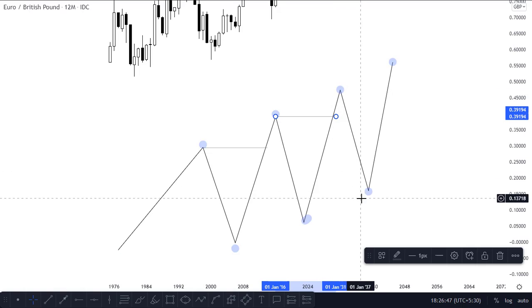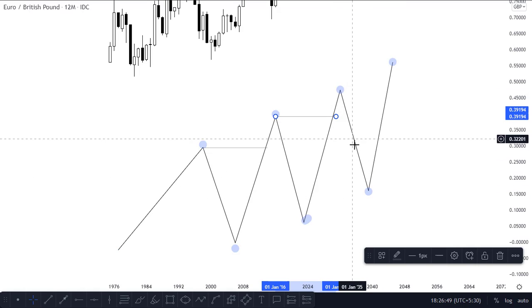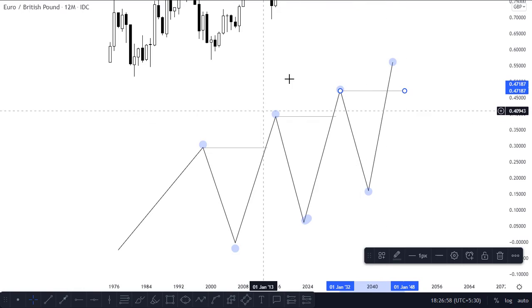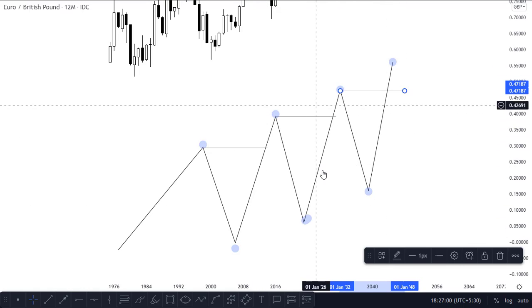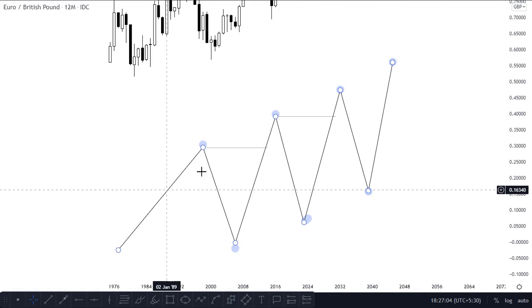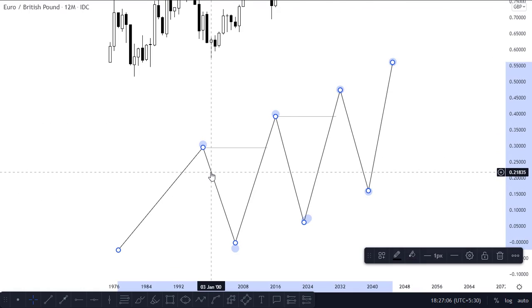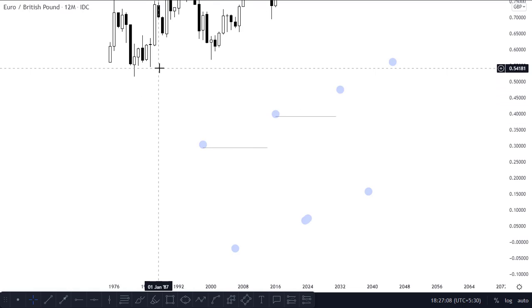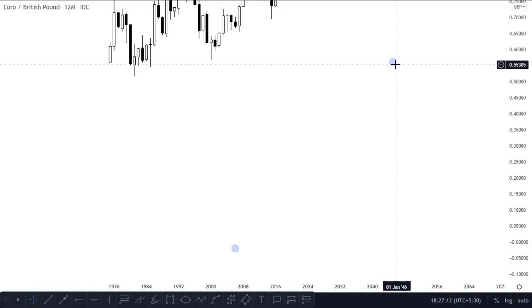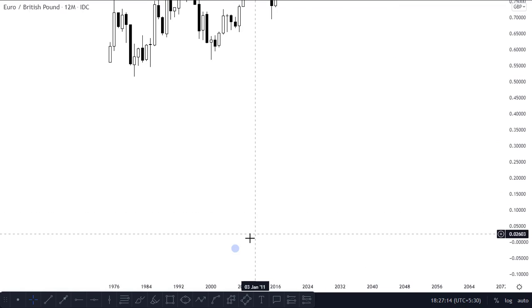Then market creates a pullback, then starts pushing higher to break the high again. Basically, market is breaking all of these external liquidities, which means this market is purely bullish. The same here on Euro GBP. You can clearly see that market was creating a series of higher highs and higher lows.